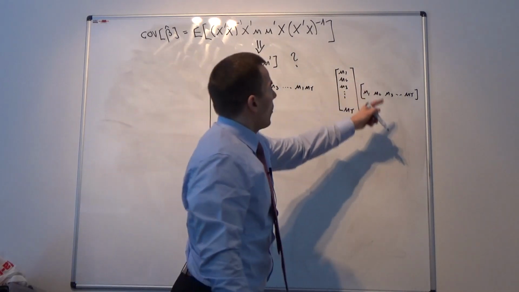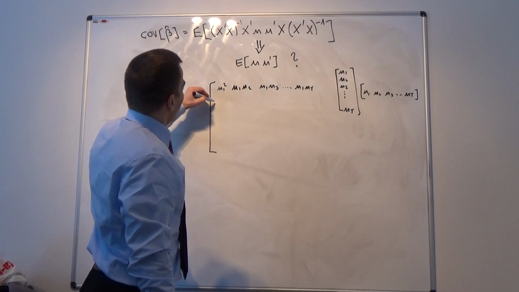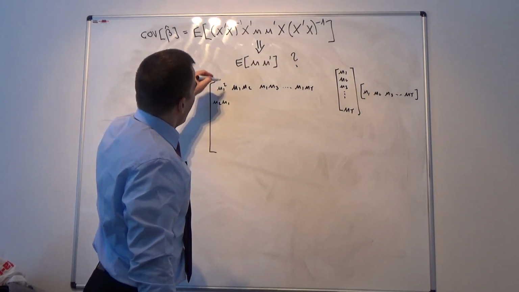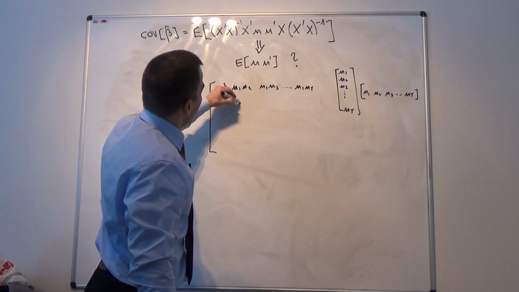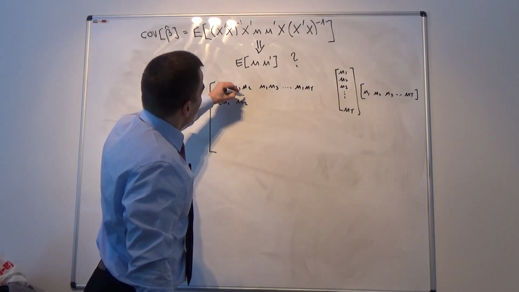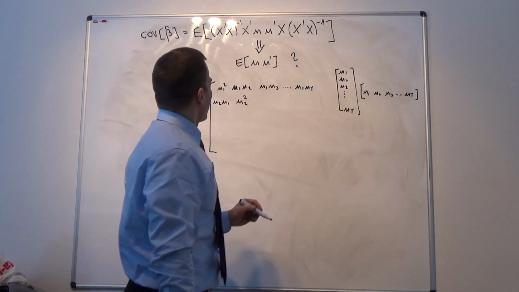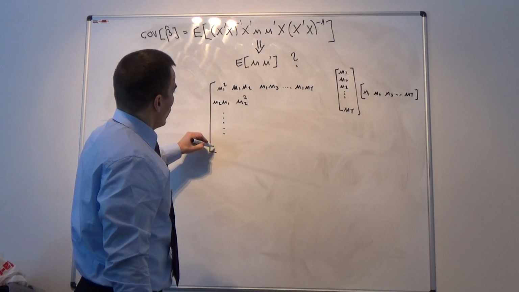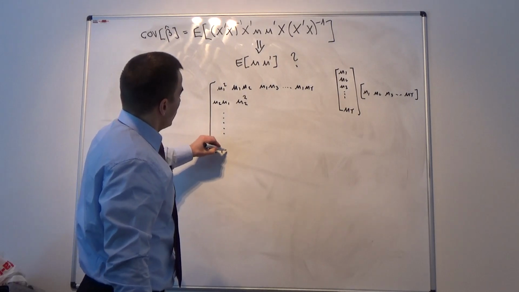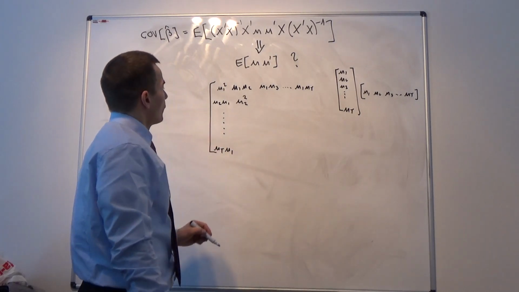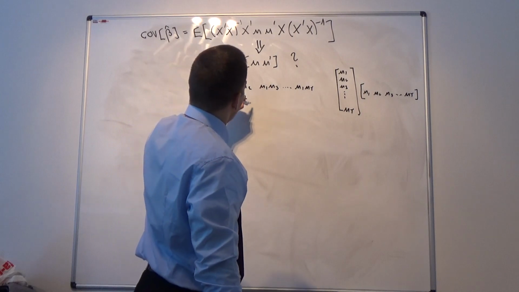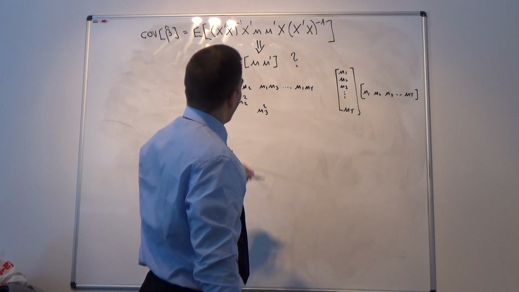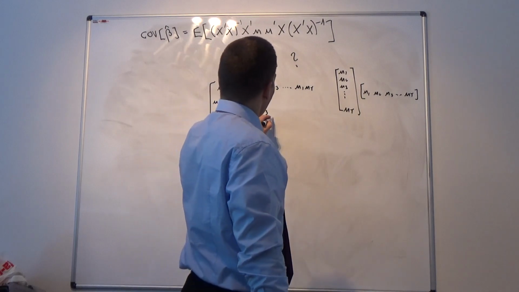And if we do this for all, we will see that we have here u2 times u1, and the second element on the main diagonal is u2 squared. The last element in that row will be uT times u1. The third element on the main diagonal is obviously u3 squared, and so on.